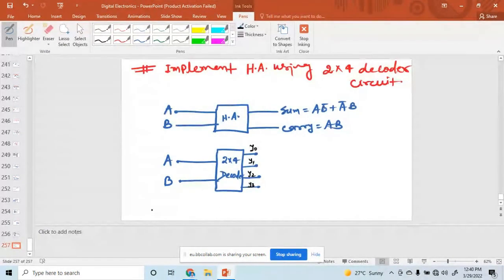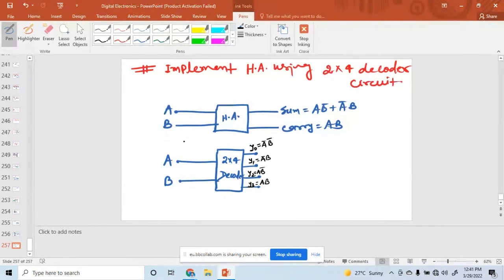Yes or no? So what is the output? Just 2 to 4. What is the output Y naught? Y naught is A bar B bar. What is the value of Y1? Y1 is A bar B. What is the value of Y2? That is A B bar. And what is the value of Y3? That is A B. Yes or no?